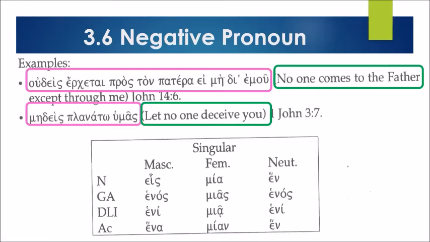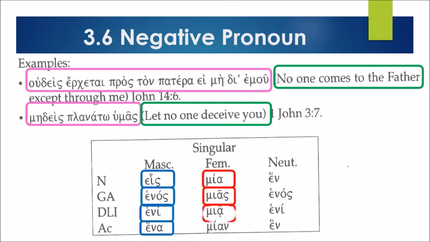So let's read the singular masculine form. As I've said earlier, it's only in the singular form. So let's start with the masculine. Nominative, begin: heis, henos, heni, hena. Feminine: mia, mias, mia, mian.